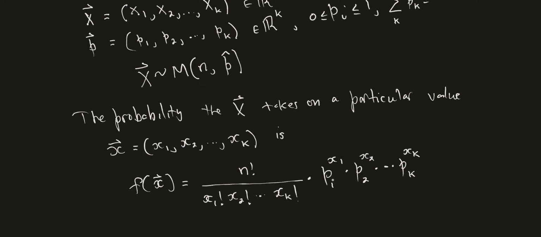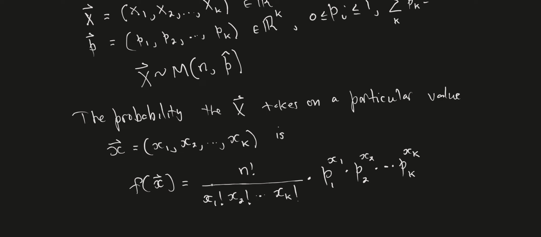There is no p and 1 minus p, because the rest of the probability doesn't get distributed to just one other variable. There are other possibilities here. And we know that all the p's have to add up to 1, so it covers all the possibilities, and it's just saying you have x1 of event 1, x2 of event 2, and so on up to xk of event k. So this is the probability distribution function for the multinomial distribution, right?